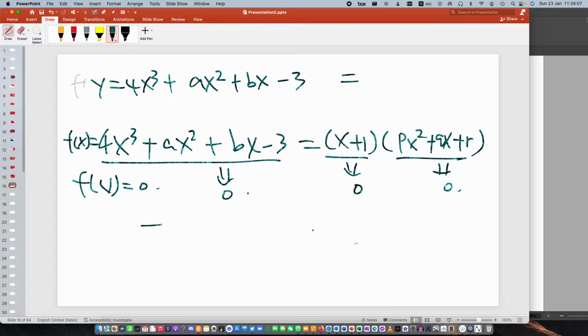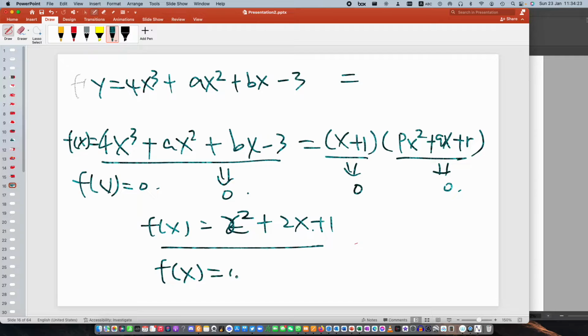Meaning, if I tell you f(x) is equal to 2x squared plus 2x plus 1, this is your f(x). If I ask you to find f(x) equal to 0, what do you do? You factorize this first.